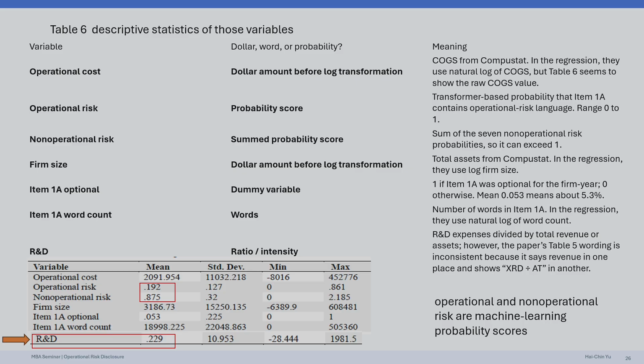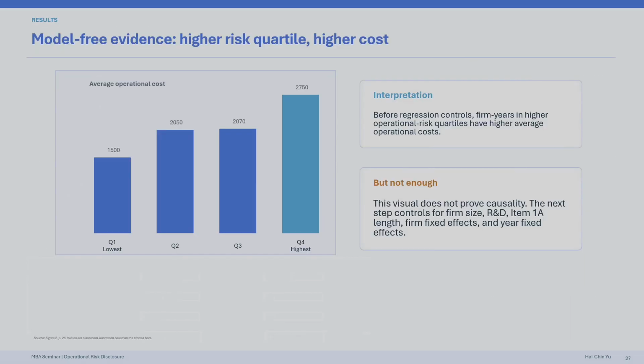So this is a dummy, this is the wording, this is the dollar side, this is the probability, and this is the ratio. Okay, so they put it in one table but with different identities. So when you read table 6, remember to tell that these are different identities.